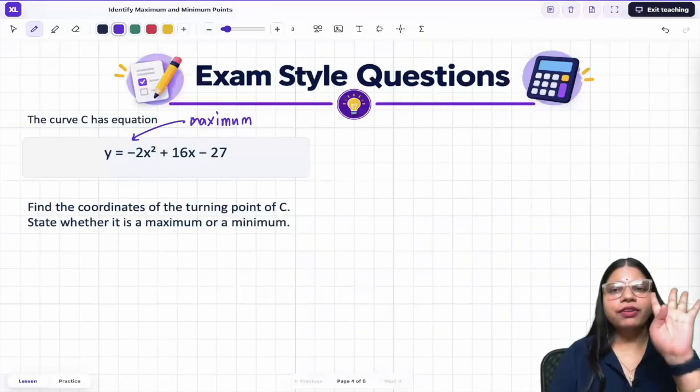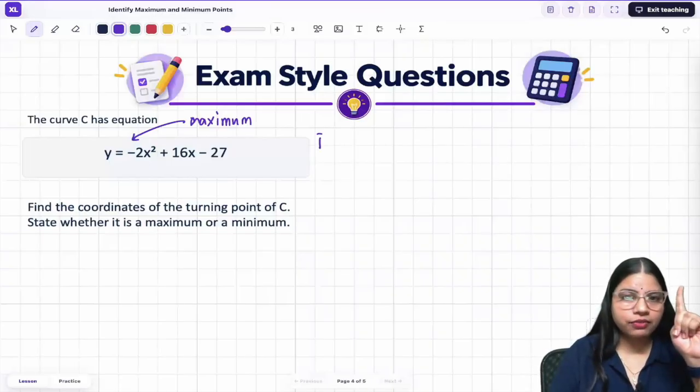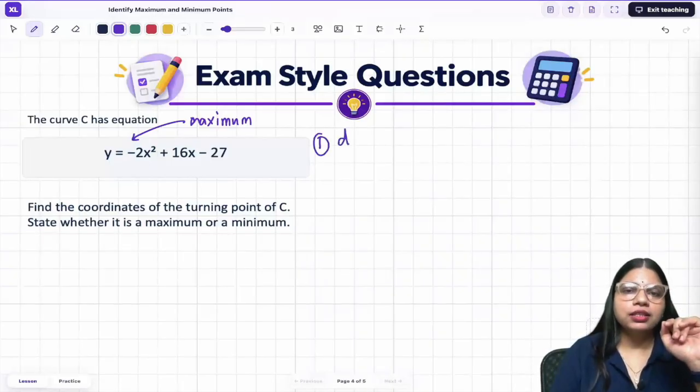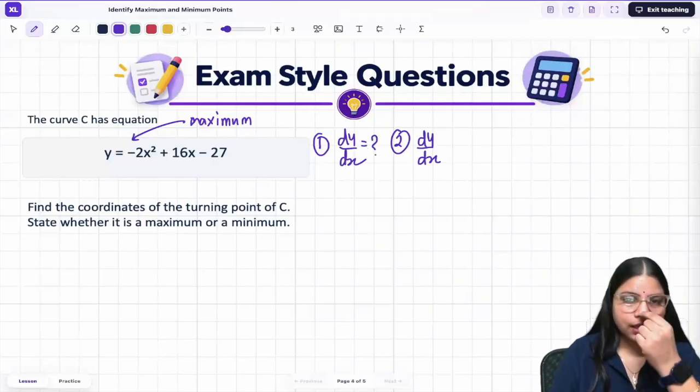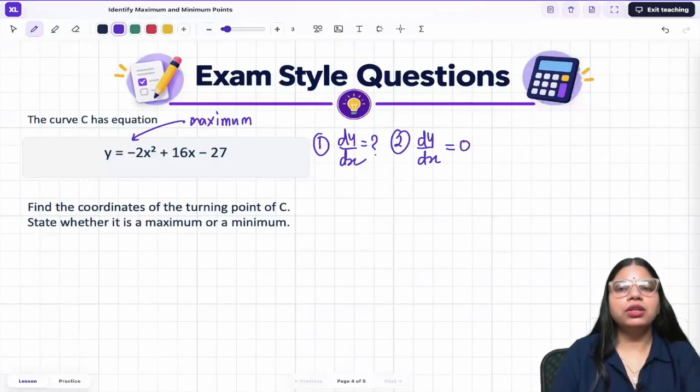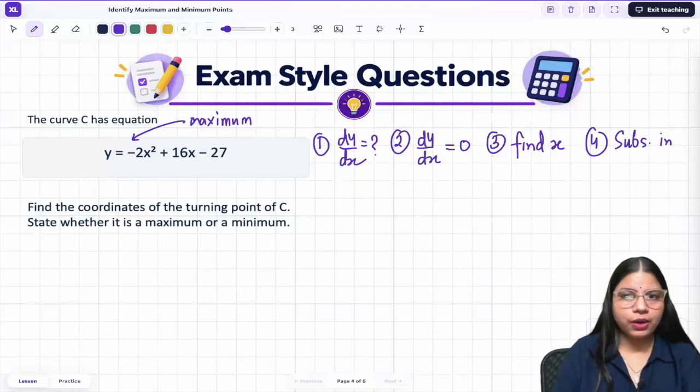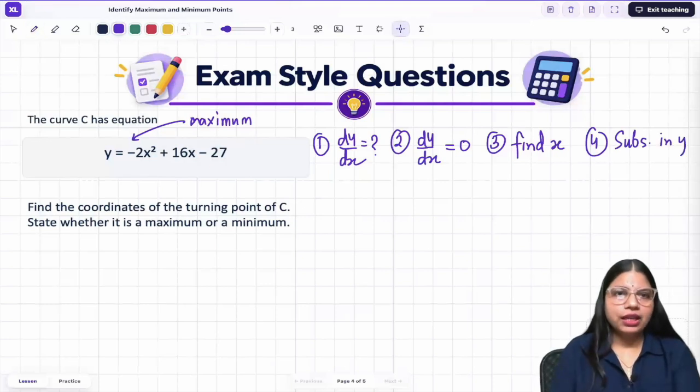So for that we have a 4-step method. First step is find dy by dx. Once you're done, just make it 0, because first you have to find dy by dx and then make it 0. The third step is find x. When you make it 0, obviously you will get the value of x. And the last step is substitute the value of x in y in the equation of the curve. Okay, let's go ahead.